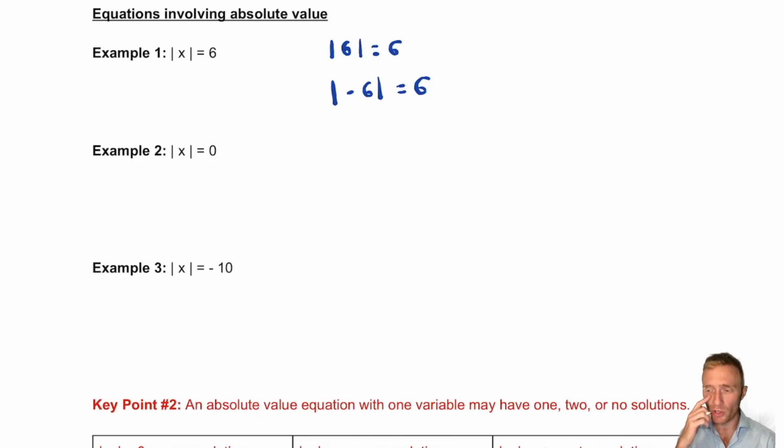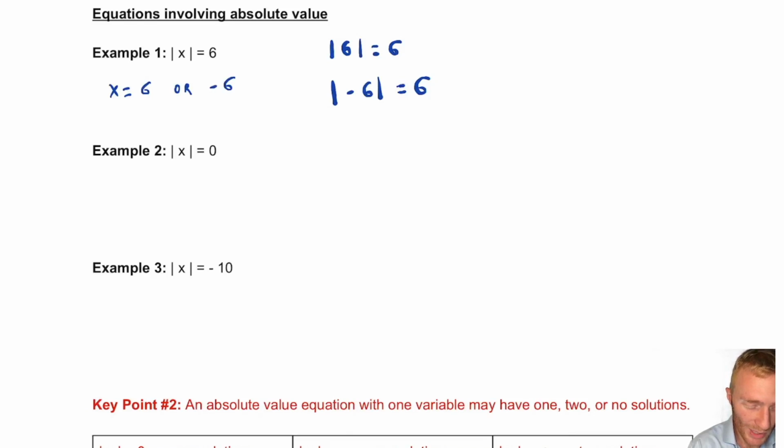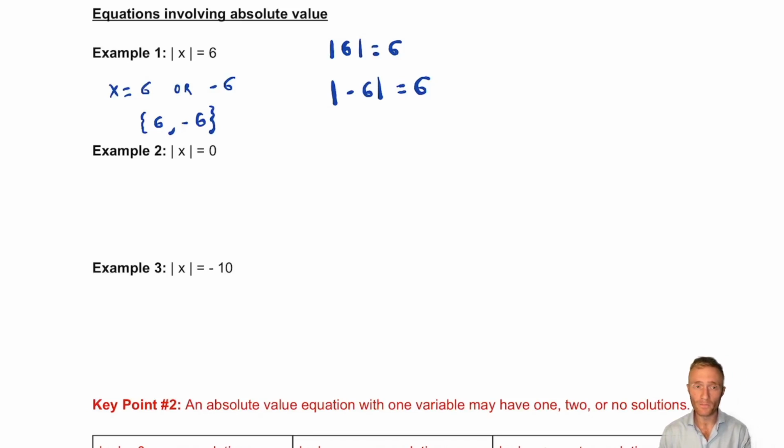This is something that's going to be new, that we can have equations with multiple answers, or no answers. In this case, there are two. We have x equals 6 or negative 6. Sometimes you'll see that as a squiggly bracket, 6 comma negative 6. That means x is the set of solutions 6 and negative 6.